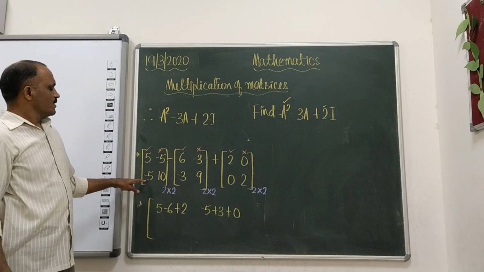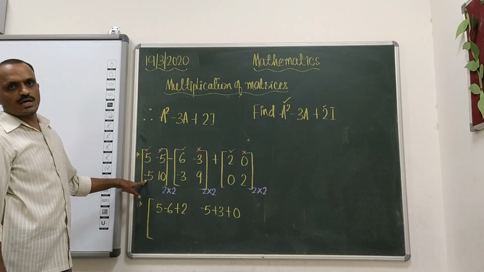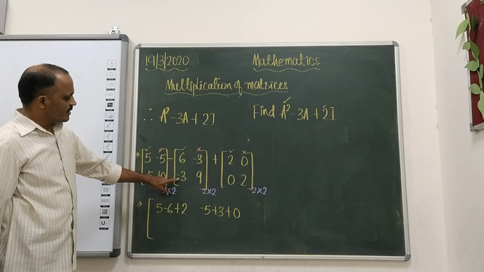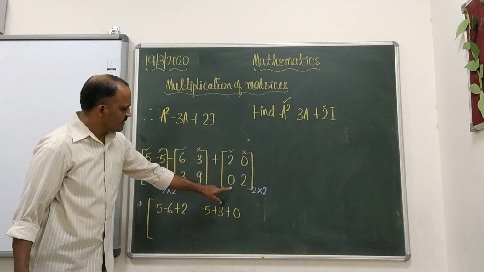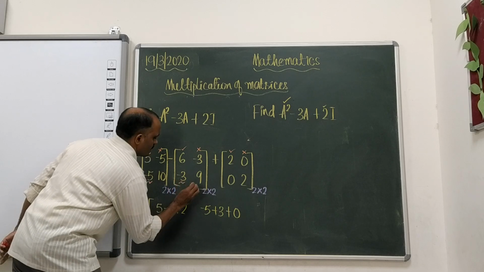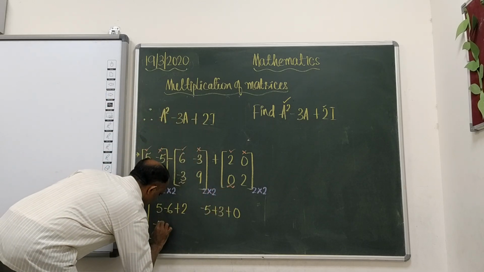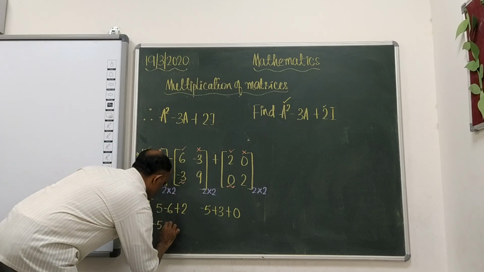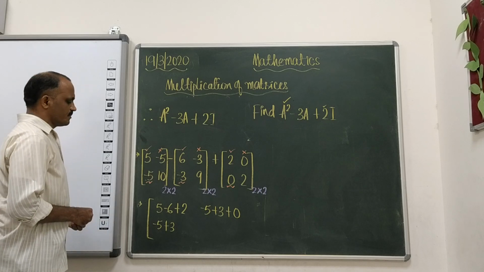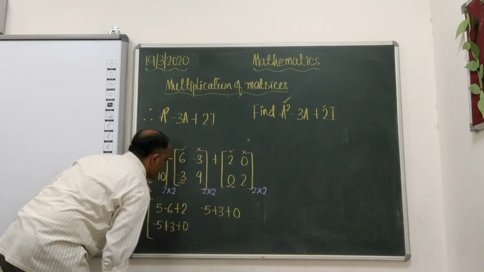Then for the second row elements, we equate the corresponding elements. So it is minus 5, minus into minus plus 3, then plus 0. Here minus into minus will become plus 3.